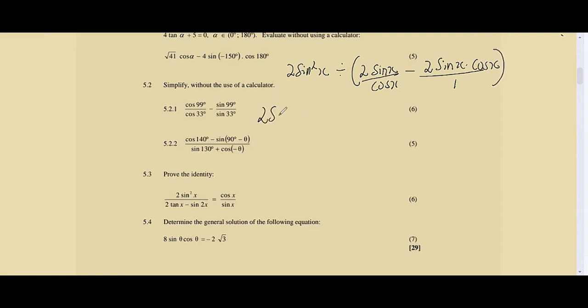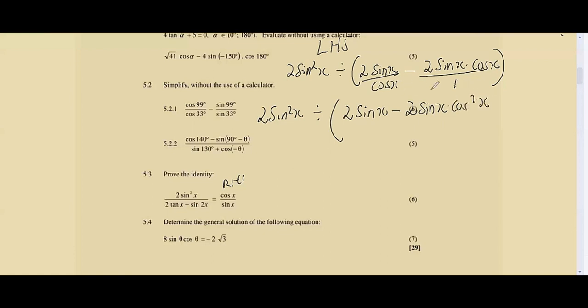Then this will be 2 sine squared x. Remember, I'm proving from the left-hand side, so I'm trying to make my left-hand side equal to the right-hand side here. So this is divided by, if I use the Karate method on this one, 2 sine x, and then the cos x will multiply over there. So this is 2 sine x, and then cos squared x.